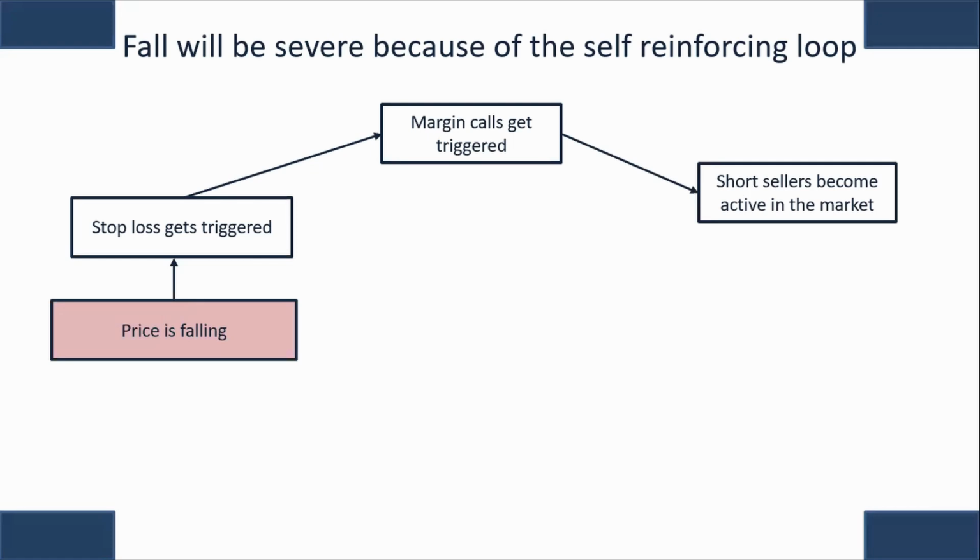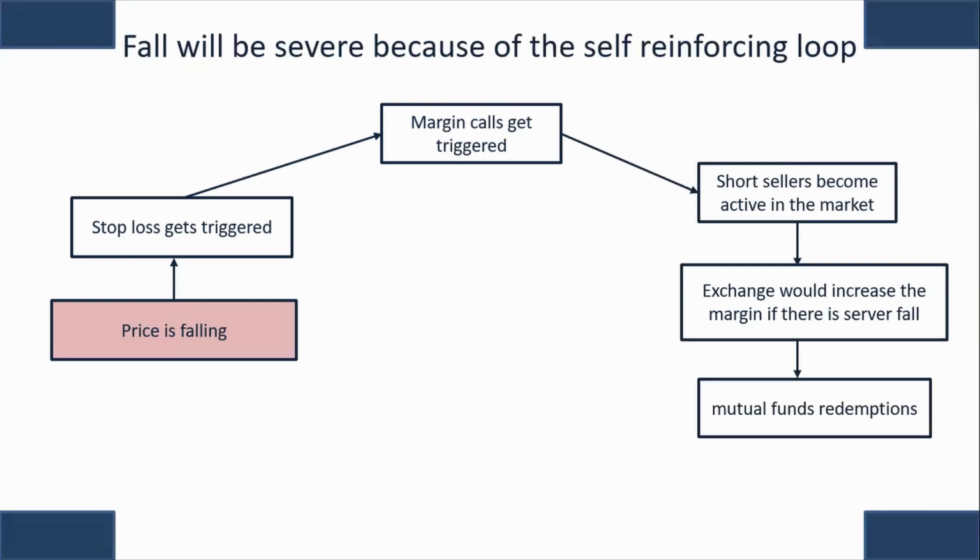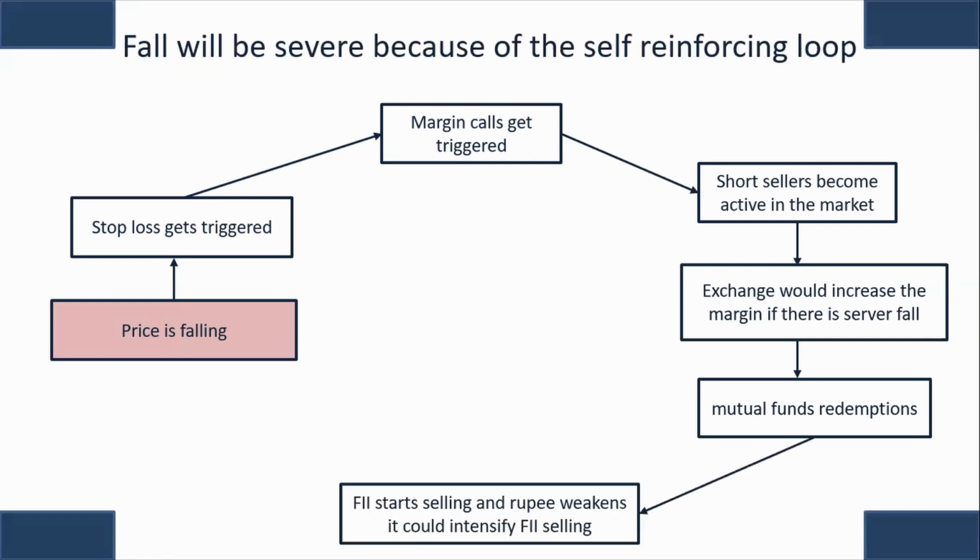Then short sellers will become active in the market. Once people realize that the market is weak, professional money will start selling, short the market. And if the market falls big, then the exchange would increase the margin requirement for the broker, and the broker will increase the margin requirement for the investors, which will lead to further margin calls and further selling in the market. Mutual funds may also face redemptions, and FII might start selling, which could weaken the rupee.